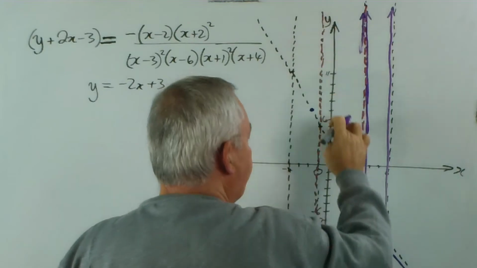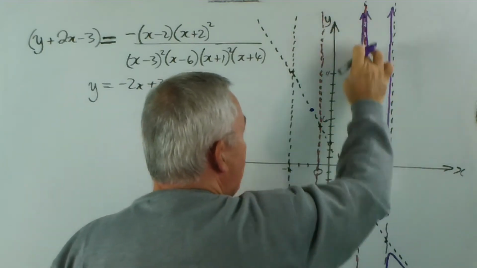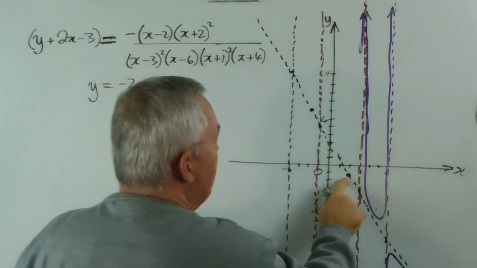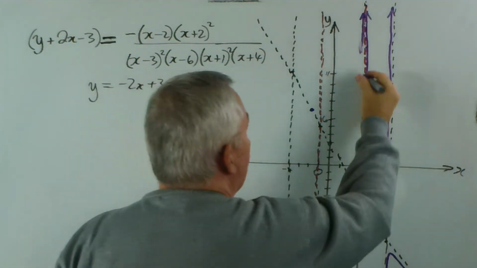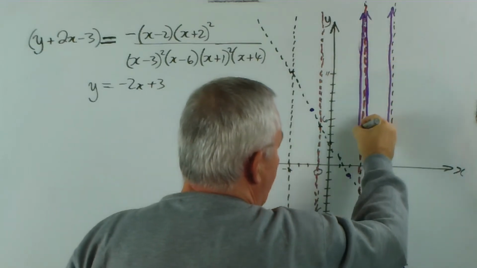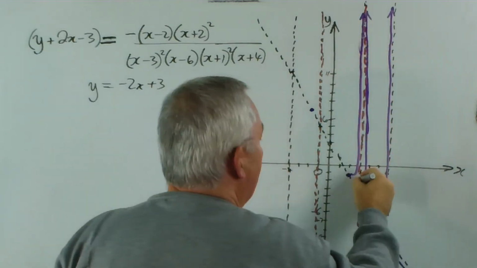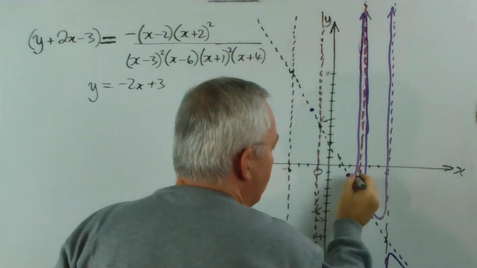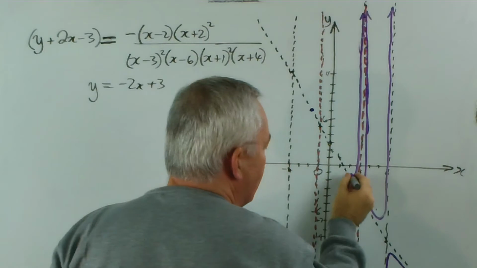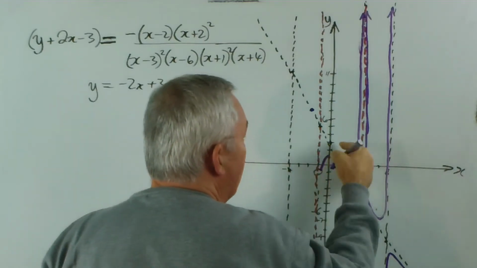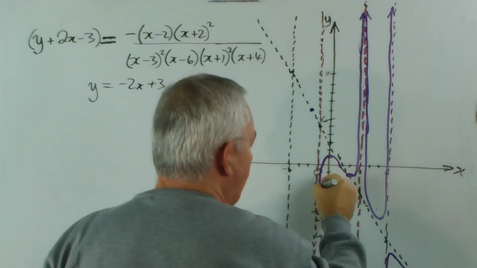We would expect this part of the graph to be here, but we have this changeover point, and it's a normal one, which means we get a genuine changeover of sign. So this will come down and bend and want to go back up here, but it will reach this point, touch the asymptote, and go up on the other side, and instead of going up, the asymptote will go down.